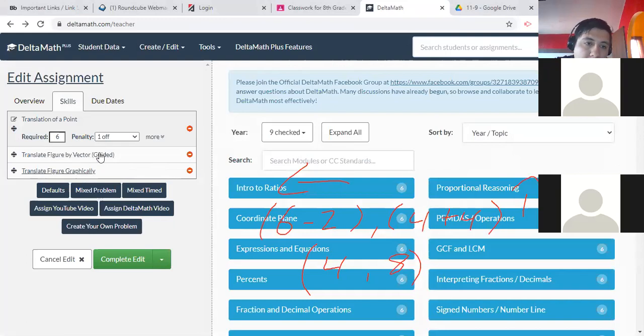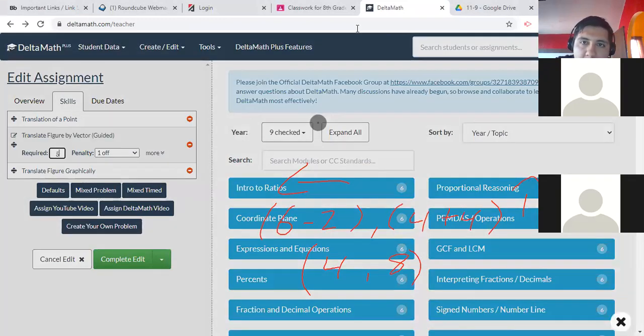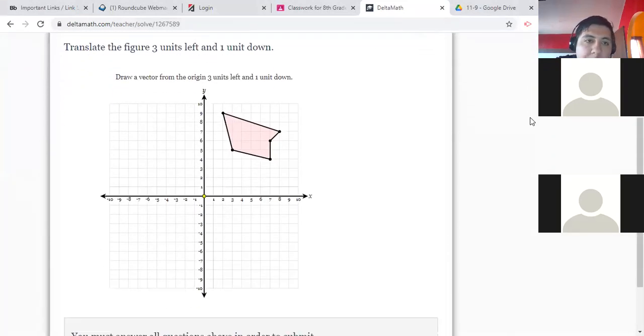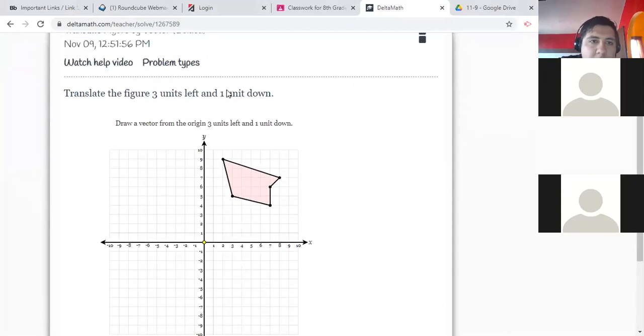Okay. Let's just see some of these other ones. Just want to make sure that we're all good with this. So what this tells us is that we're going to translate 3 units to the left and 1 unit down. Okay. So what you need to do is take this point that is at the origin, at 0, 0, and move to the left 3 times, and then move 1 down.